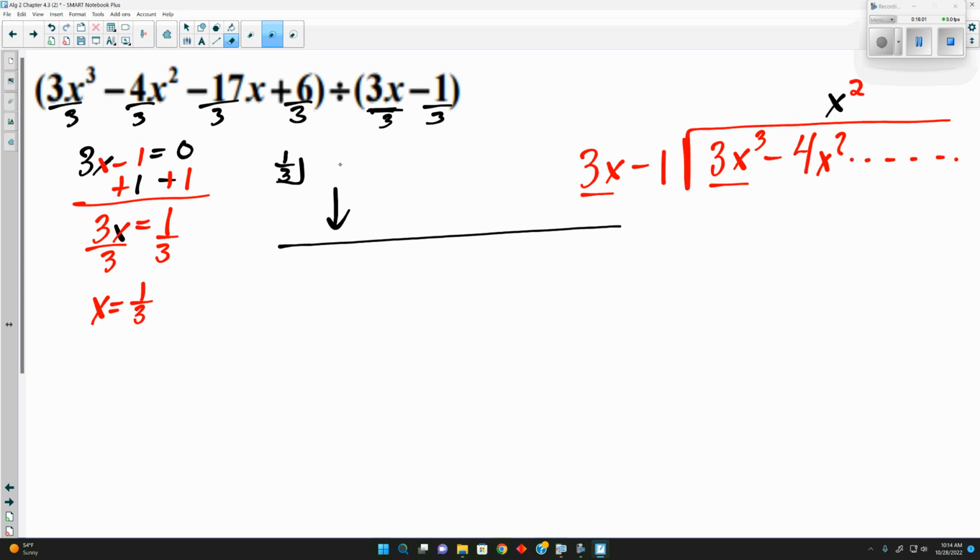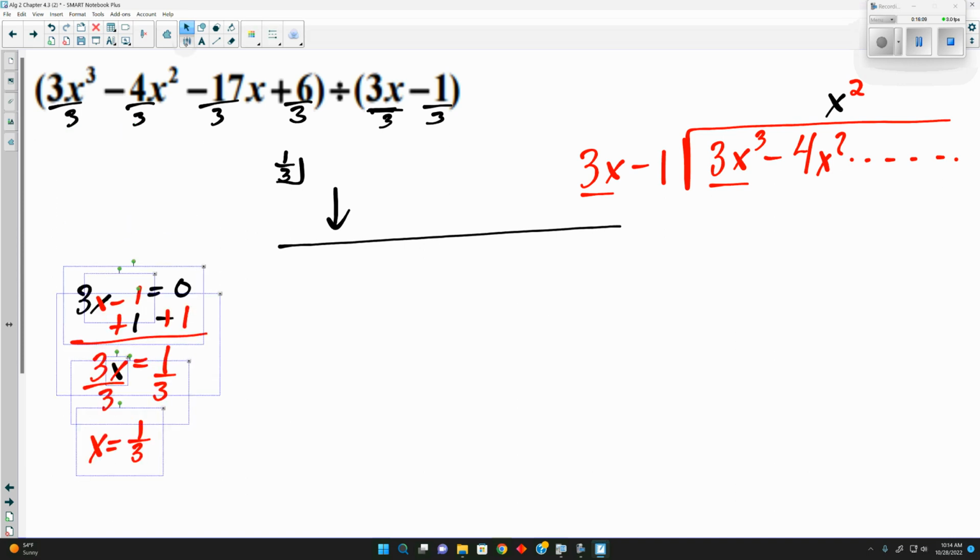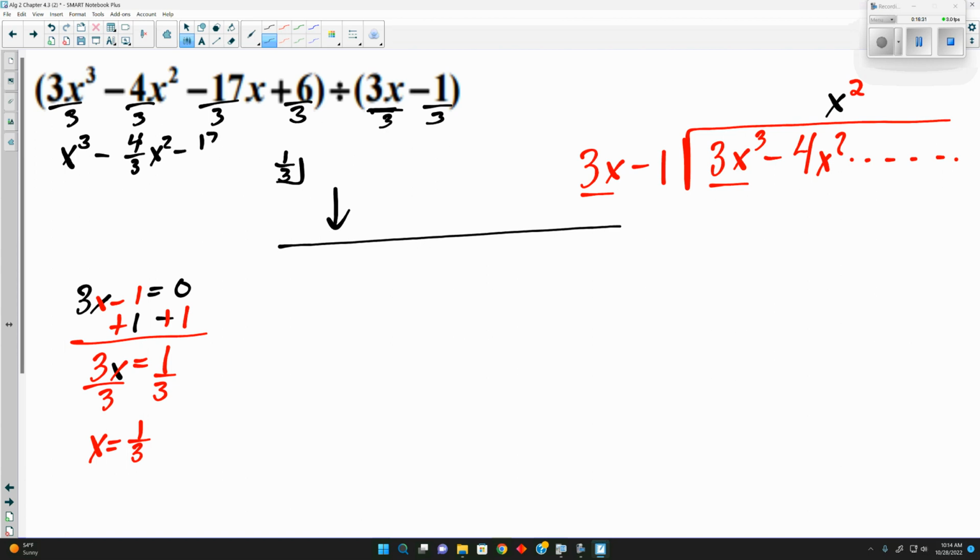1/3 is still correct. But our polynomial here, you can write this above it, I'm going to write it below it because I don't have the space above. Well, 3x cubed divided by 3 is just going to be x to the third. Does 4 divide by 3 nicely? No. So we'll leave it as 4/3 x squared. 17 doesn't divide nicely, 17/3 x plus 2.